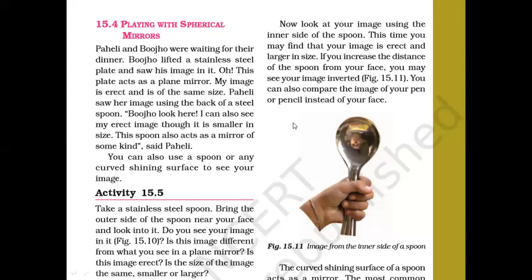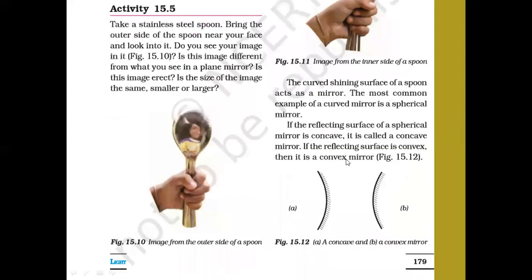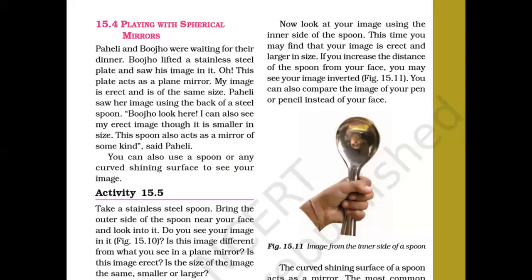Now, we need to look at the image using the inner side of the spoon. You just turn it this way. Now, this time you find the image is erect and larger in size.